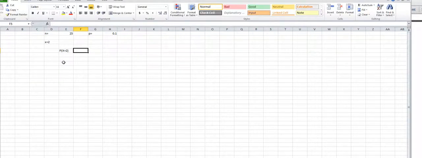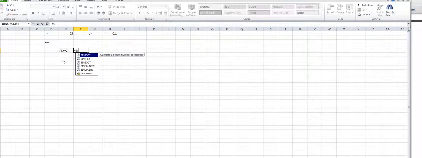What you can do is type in equal and binomial, bin. After you type bin, Excel gives you a lot of hints. They have the binomial dist and the binomial inv. The one you need to use is binomial dist. So double click it. Now you can select what you want.